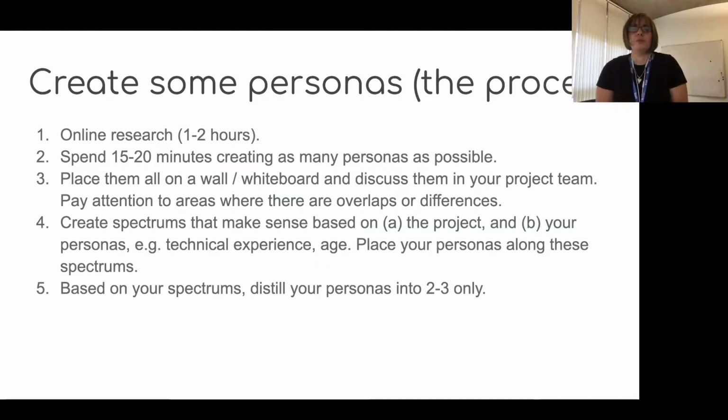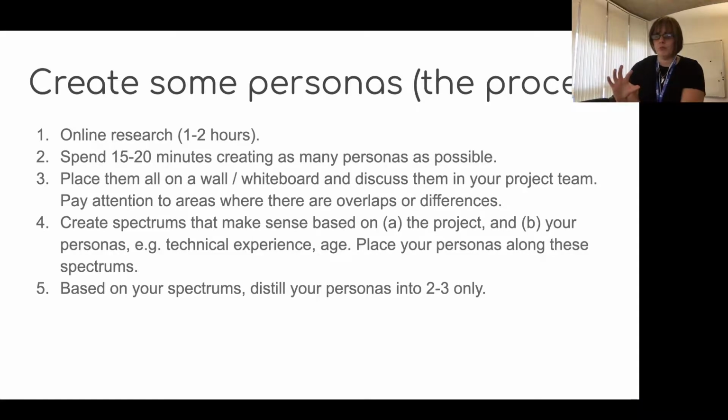So this is the process to creating personas. And I would like you in your project team to do this. We'll spend a bit of time within the class going through this process and iterating on it. So online research is going to take 1 or 2 hours. So that's the stuff you need to do beforehand.